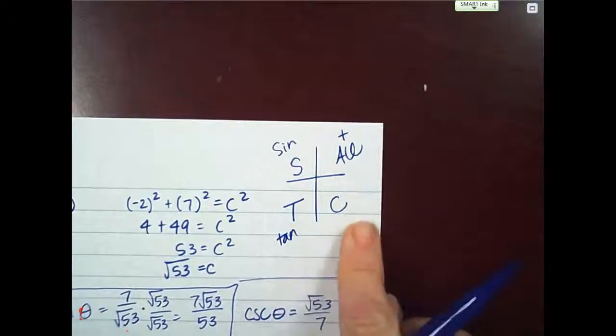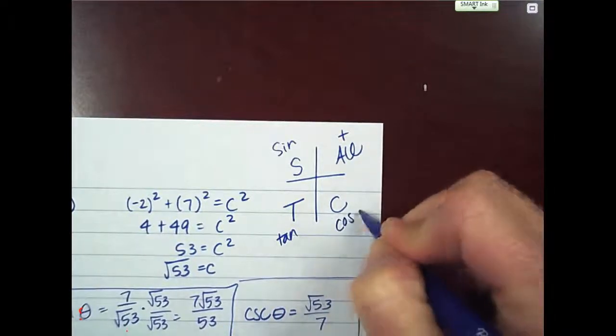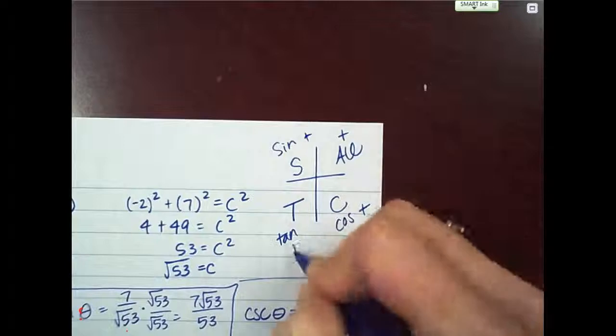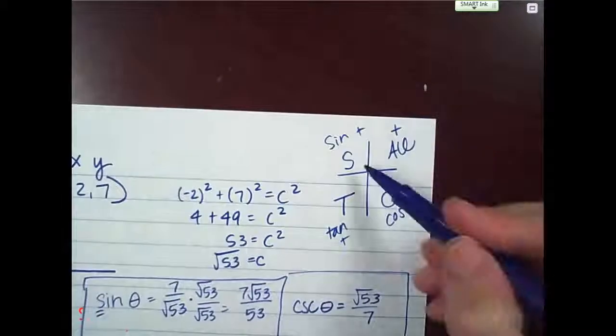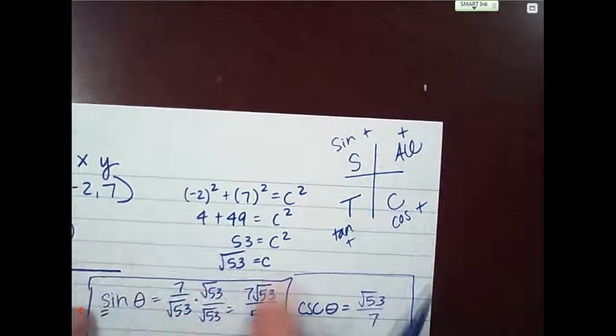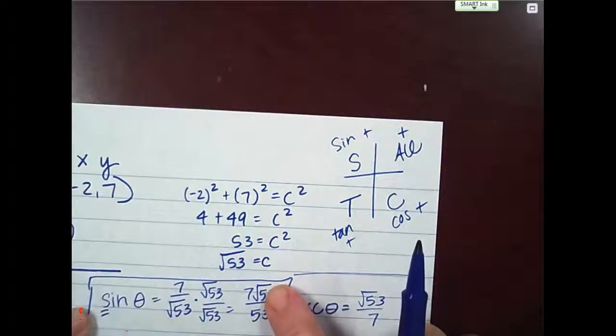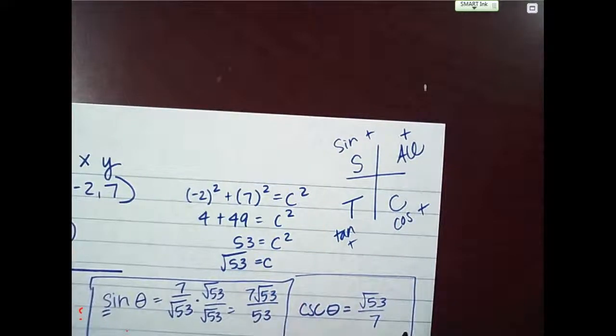Tangents here and cosines are positive here. It tells you what's positive when. So if you'll notice, what quadrant was I in? 2? Right, so only sine is positive. And look at our answers. Sine was positive, the other 2 were negative. You see it? It's a way to check. Does that make sense?